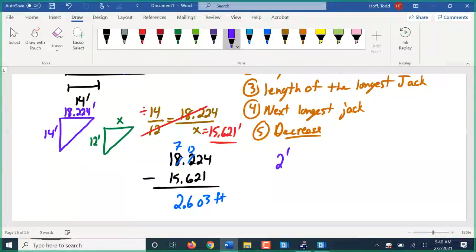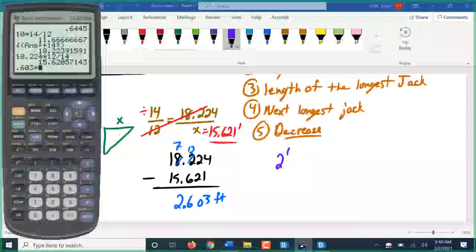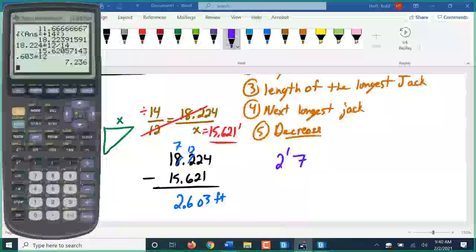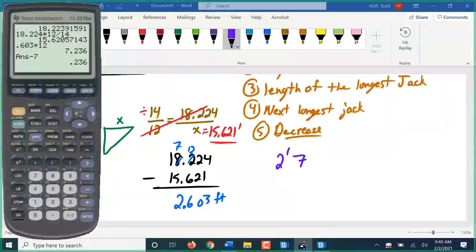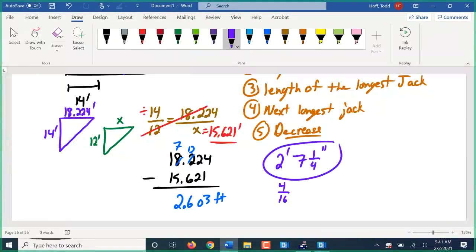So we got 2 feet. 0.603 gets multiplied by 12 to make it inches. So that's 7 inches. We subtract the 7, and we're going to turn our 0.236 into sixteenths. So times 16 is 3.7, which is 4 sixteenths, which is a quarter inch. So the decrease there is 2 foot 7 and 1/4 inch.